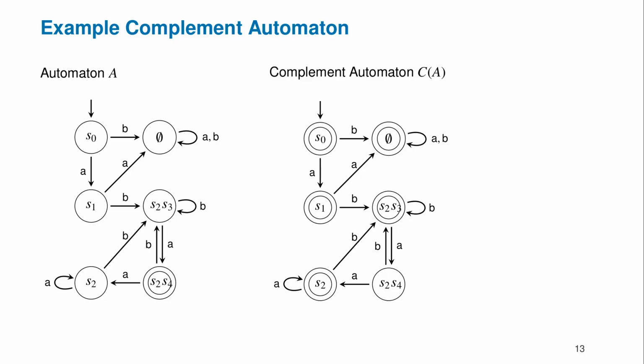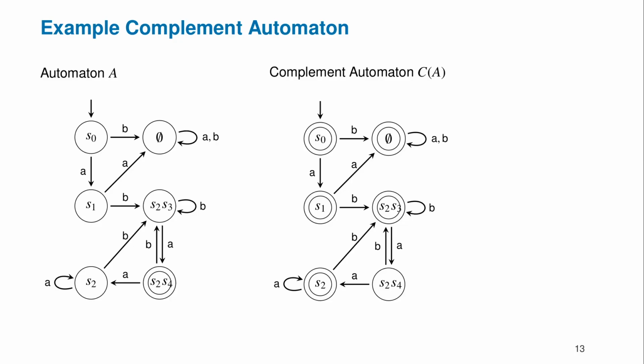We accept the word which just contains the letter B or just consists of the letter A. This language contains all words that have an arbitrary sequence of A's and B's after letter B, and so on. Obviously, all words which are not in automaton A's language are now in the complement language.